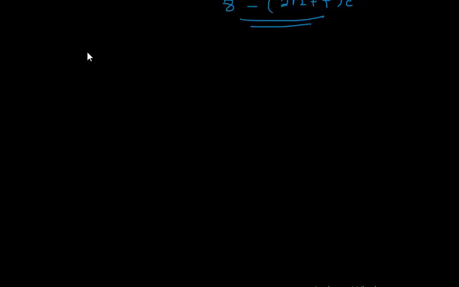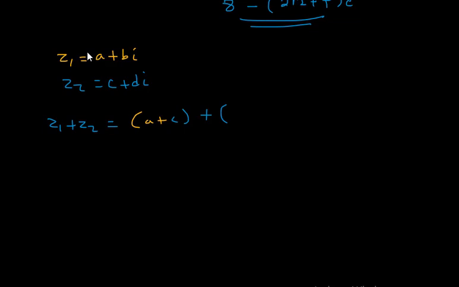Therefore, in general, if you are given two complex numbers, z1 equals a plus bi and z2 equals c plus di, and you are asked to find the sum z1 plus z2, that would be a plus c, that is the real part, plus the imaginary part b plus d, in brackets, i.